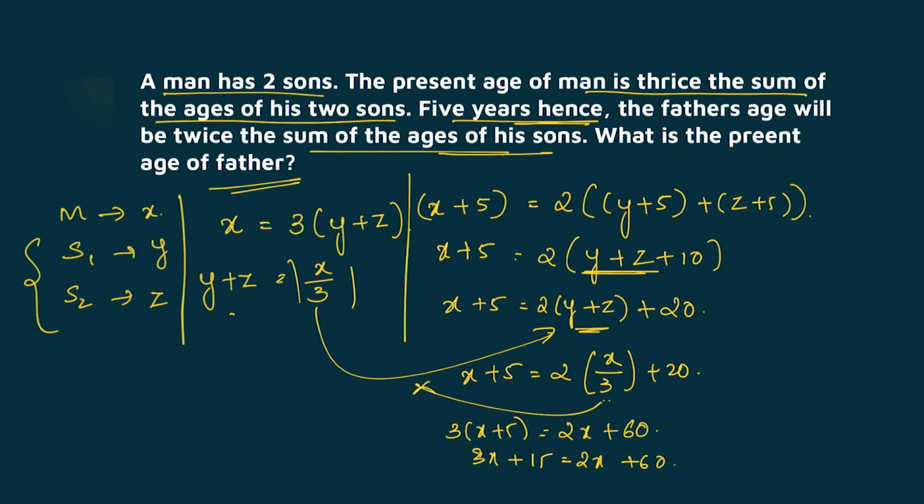Take x on one side and the constants on the other side. We get 3x minus 2x is equal to x, which is equal to 60 minus 15, which is 45. Therefore, the man's age is 45 years.